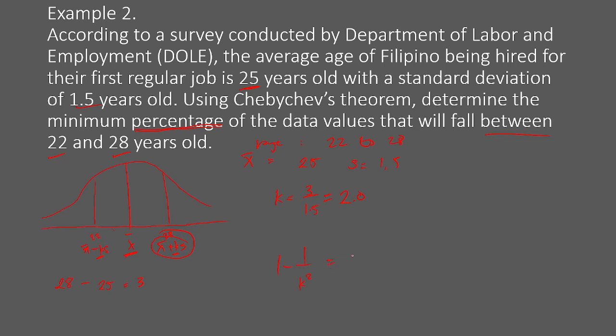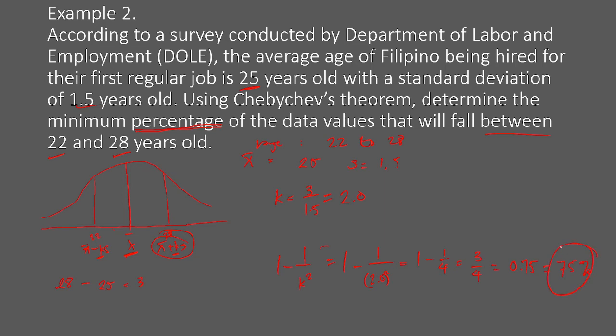So meaning to say, we will have here 1 minus 1 over 2.0 squared. Okay, so that will be 1/4 to be exact. So you will have here 1 minus 1/4, which is actually equal to 3/4, which will actually be equal to 0.75, which, if we express that in percent, we will have here 75%.